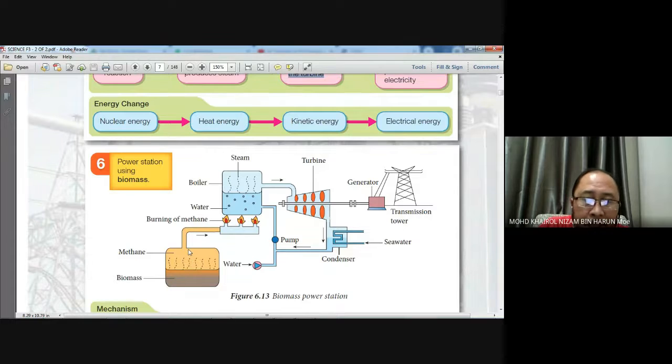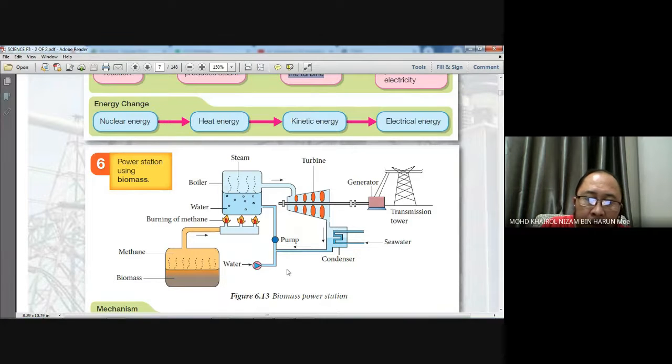This heat energy will heat the water in the boiler and produce steam. The steam will move into the turbine. The turbine will rotate and generate electricity through the generator.